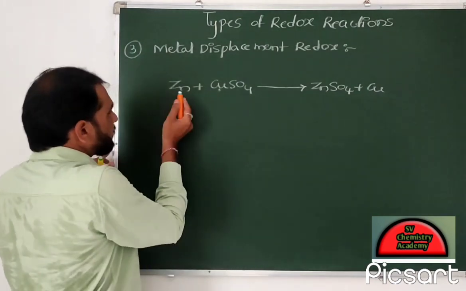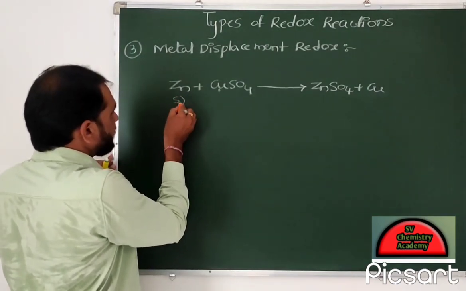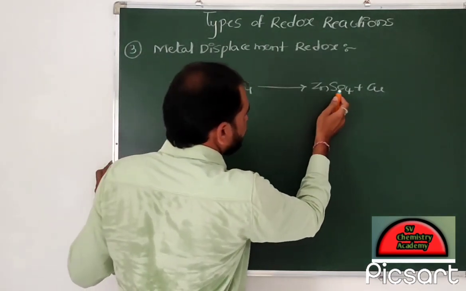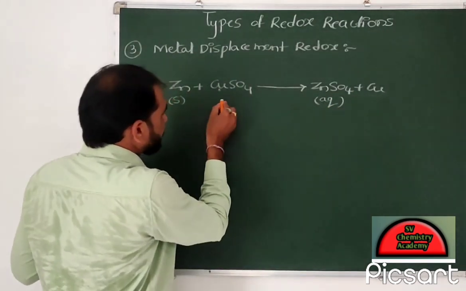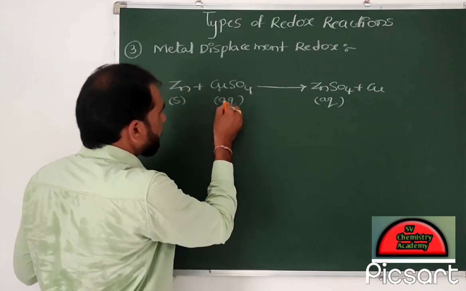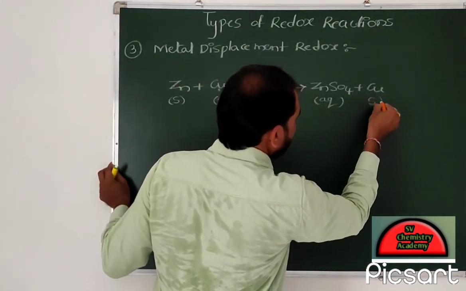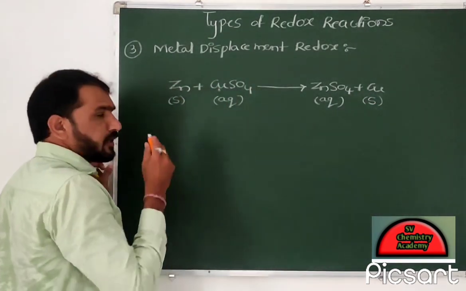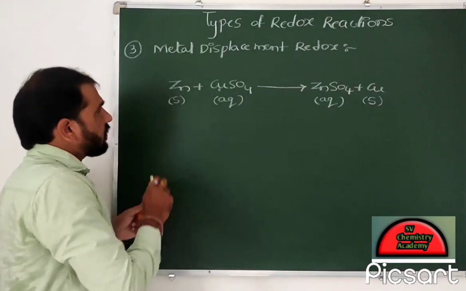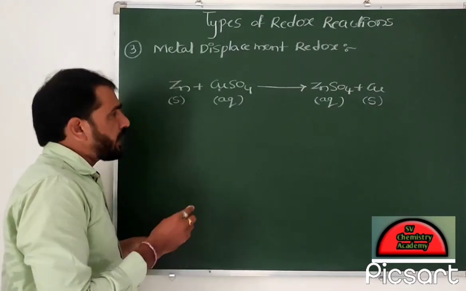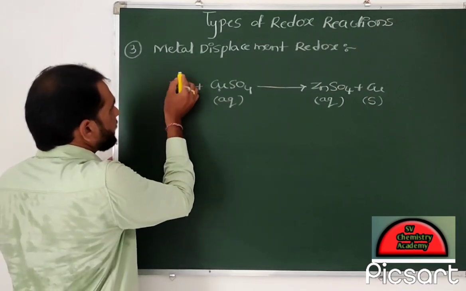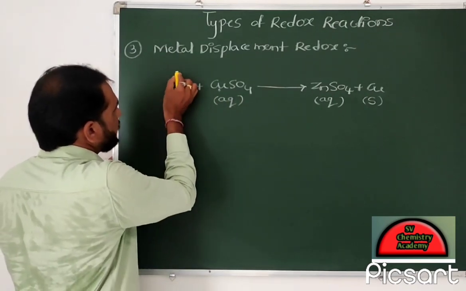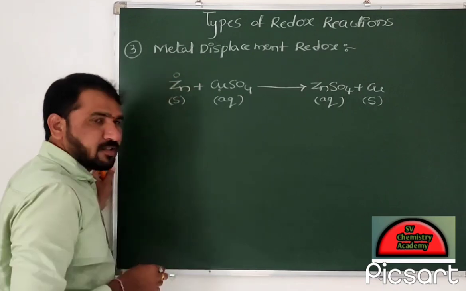Okay. So on the left side zinc is in solid phase. On the right side ZnSO4 is an aqueous solution, like that copper sulfate aqueous solution, and copper in solid phase. Then identification of individual oxidation states of atoms in reactant and product. Coming to the reactant, zinc is a neutral atom, therefore its oxidation state is 0.